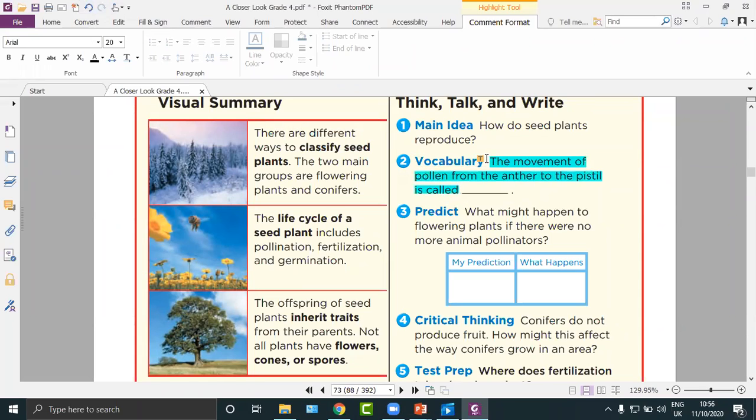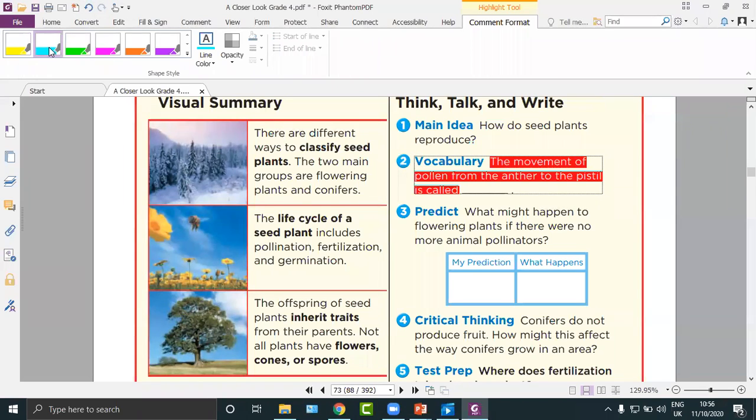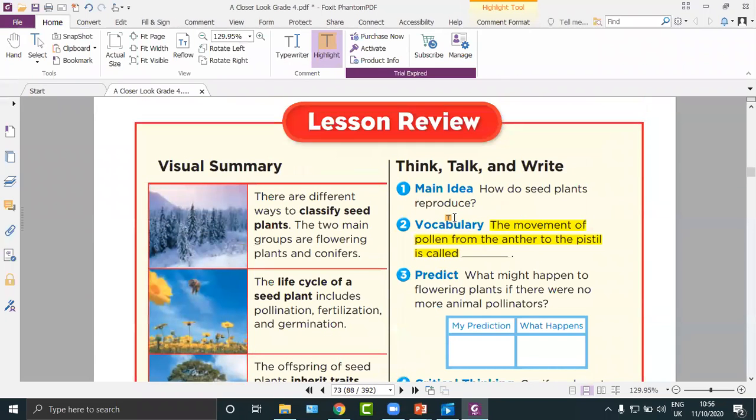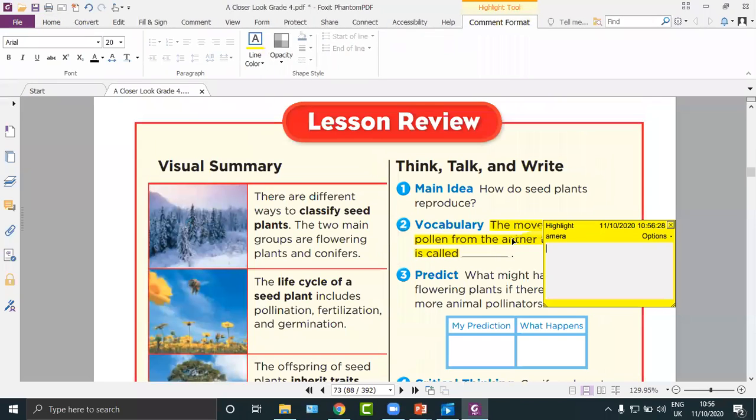Number 2 is pollination. Here you can write pollination.